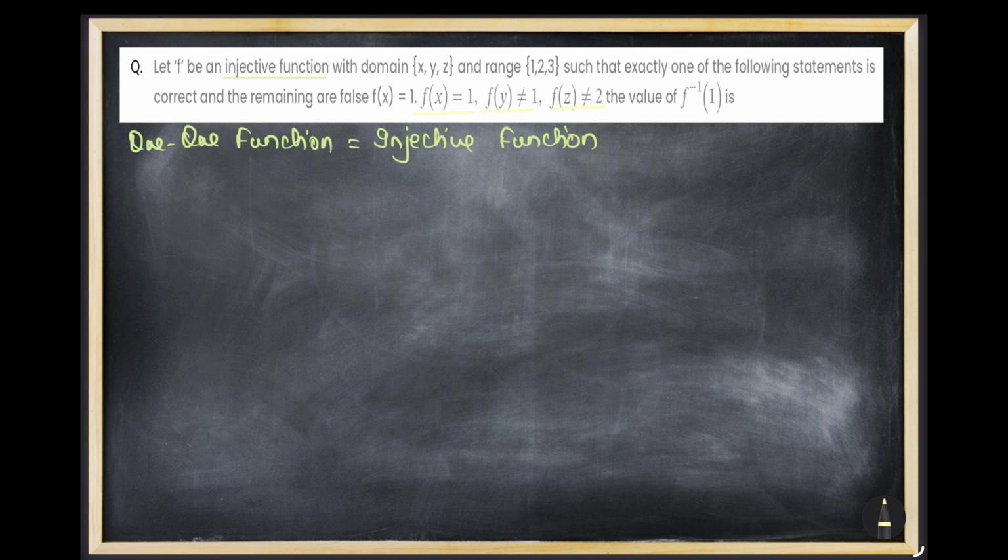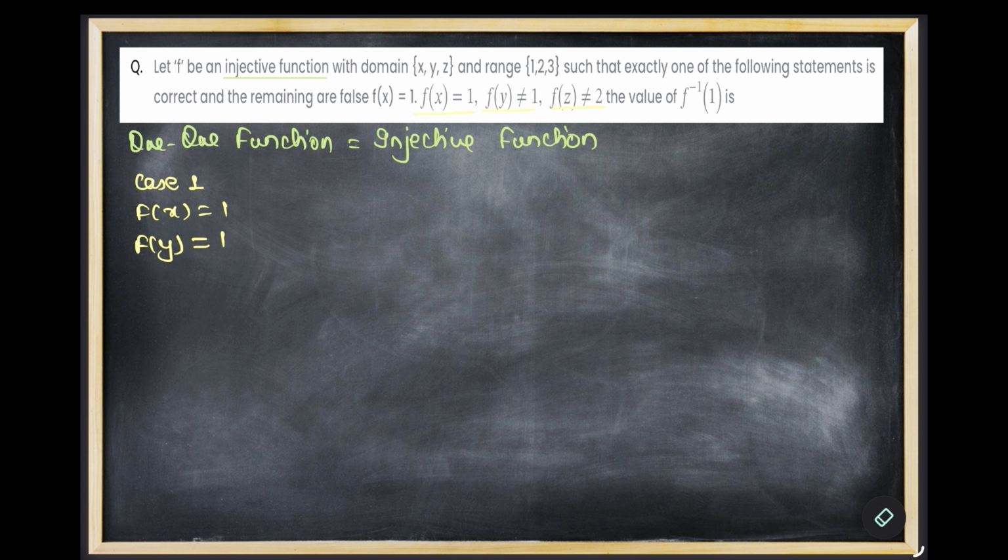So suppose that in case 1, statement 1 is true. So f of x equals 1 is true. This means f of y not equal to 1 has to be false. They are saying that f of y cannot be 1, so false will be f of y equal to 1.